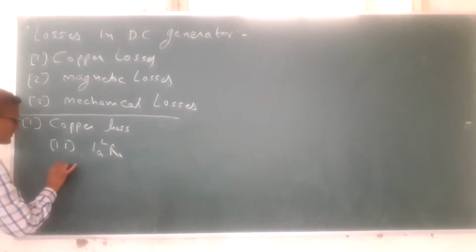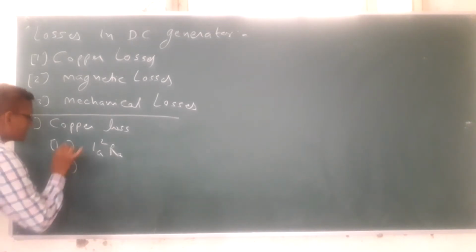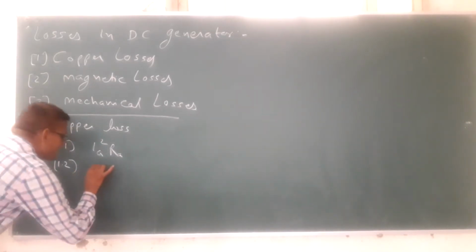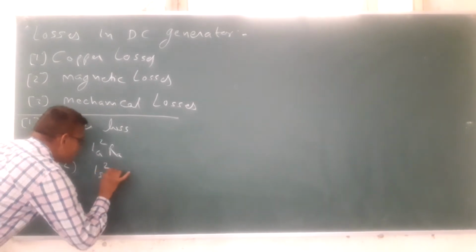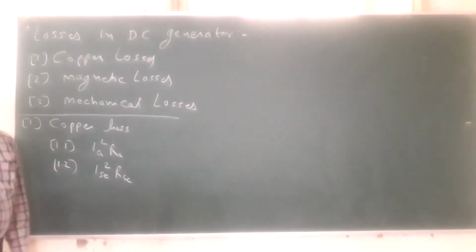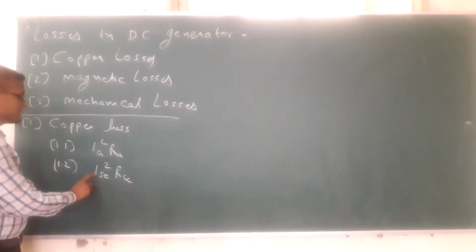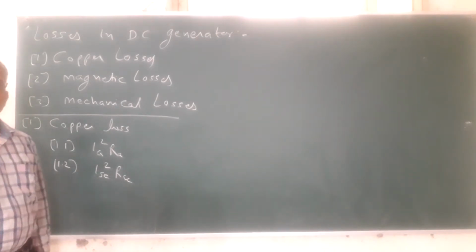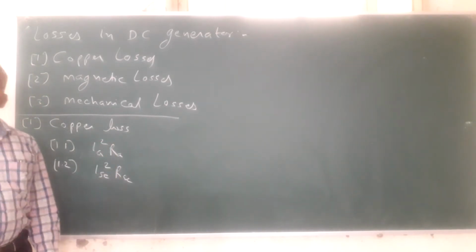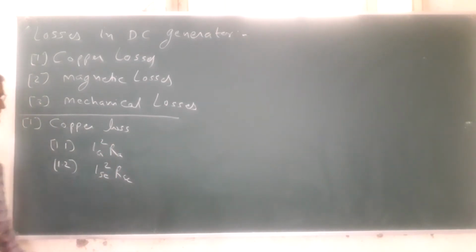Second is due to series field winding. Copper loss in a series field winding is given by ISC square into RSC, where ISC is current in a series field winding and RSC is resistance of series field winding.